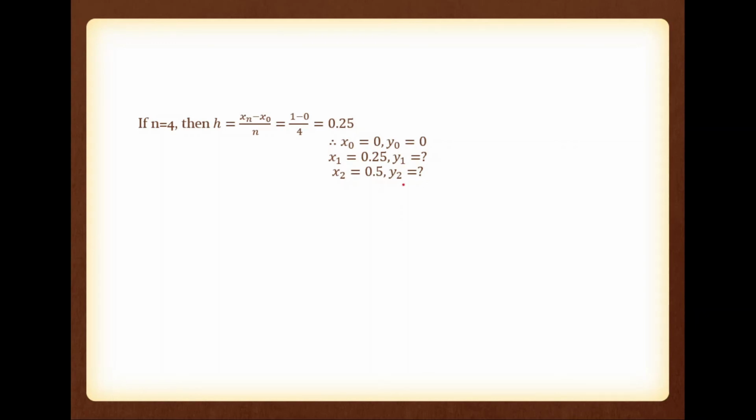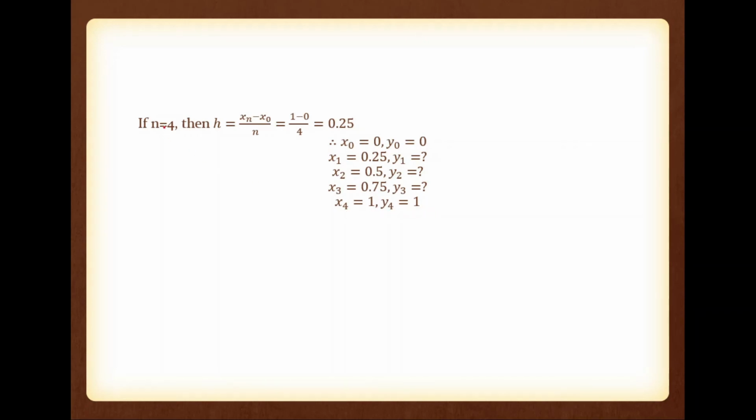Now x3 is x2 plus h, so that is 0.75, and y3 is unknown. Now x4 is x3 plus h, so x4 equal to 1, and y4 is given.